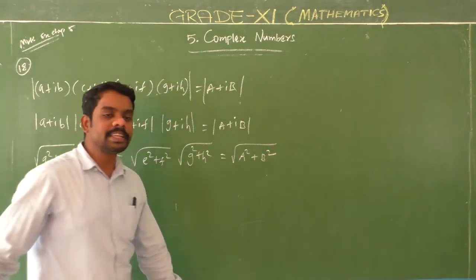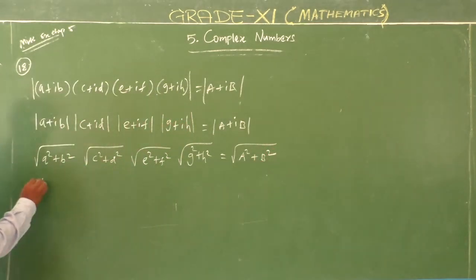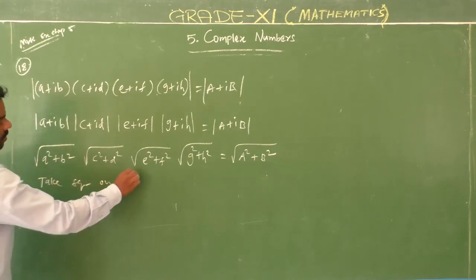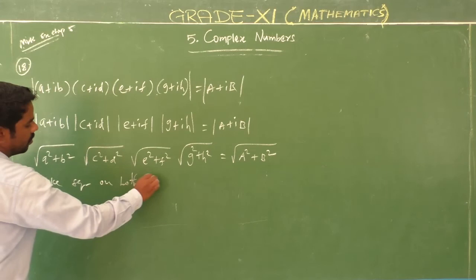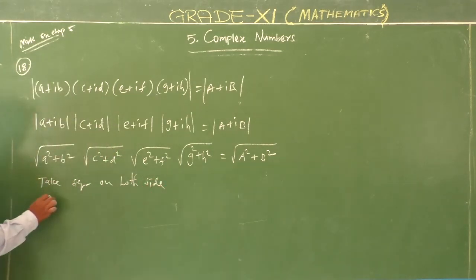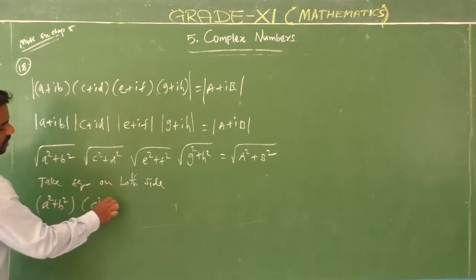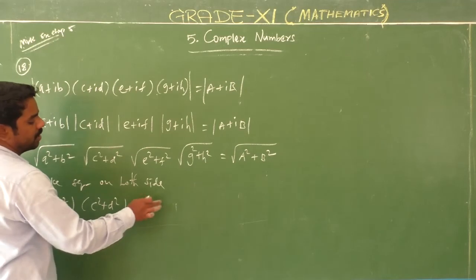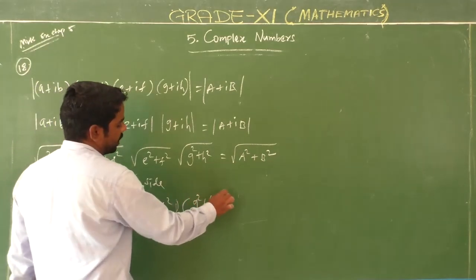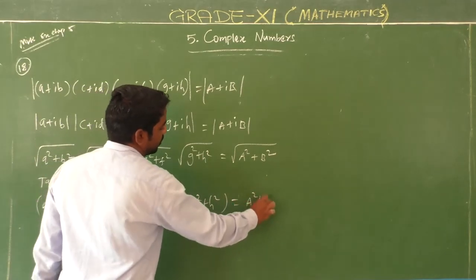Take the square on both sides. We have (a square plus b square) into (c square plus d square) into (e square plus f square) into (g square plus h square) is equal to A square plus b square.